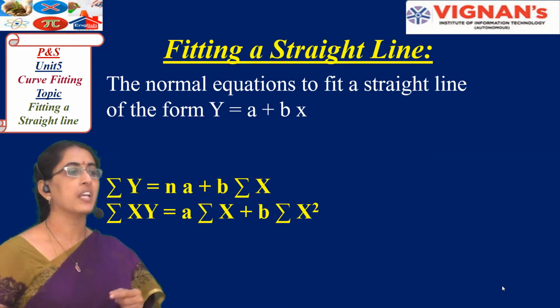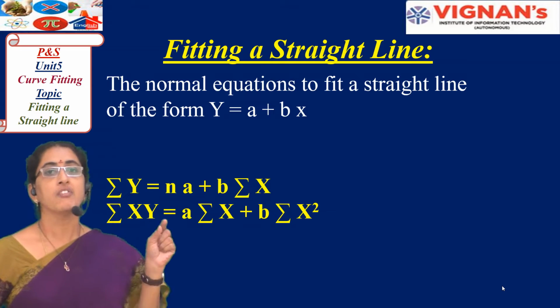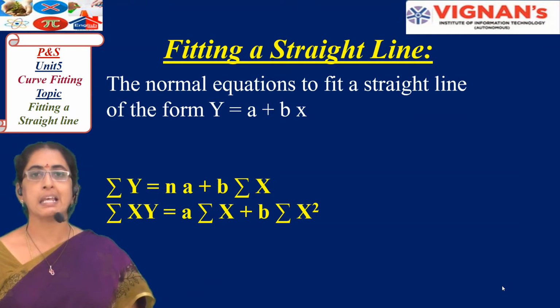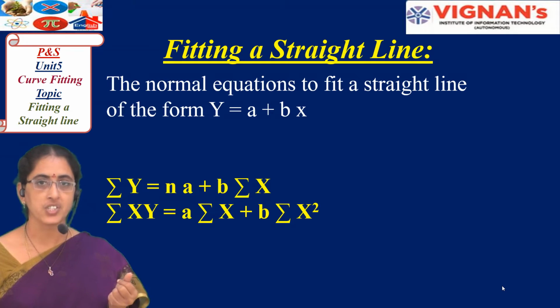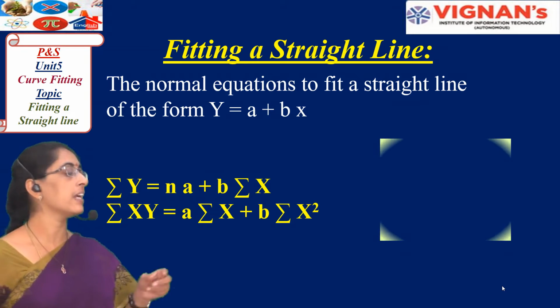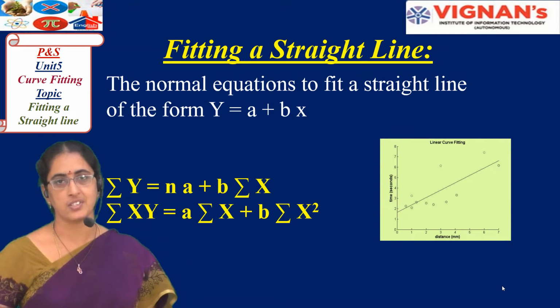That means we consider y minus a minus bx whole square as the residual error e. Then we differentiate it partially with respect to the two constants a and b and equate it to 0. Then we get these two normal equations.